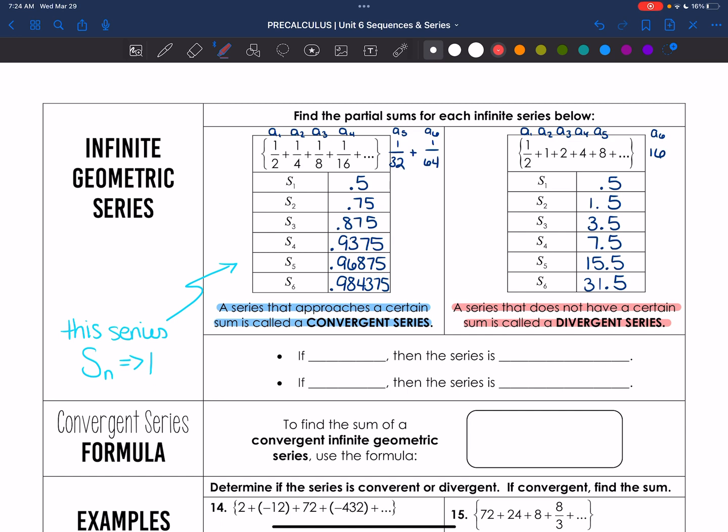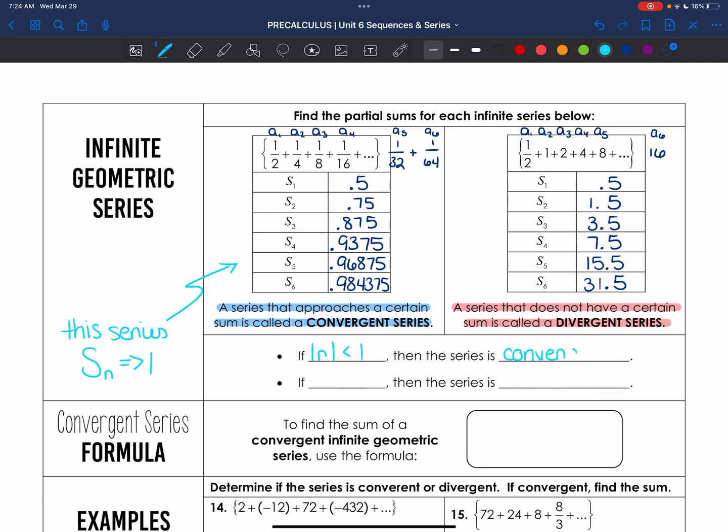And now it begs the question, what causes it to be convergent and what causes it to be divergent? When will our series converge? If your series has a ratio whose absolute value is less than 1, then your series will converge.